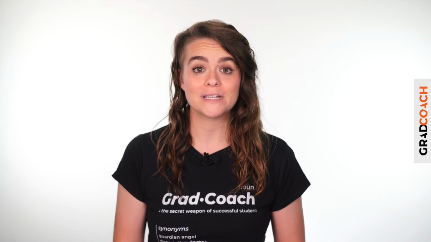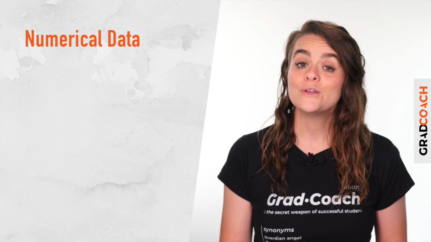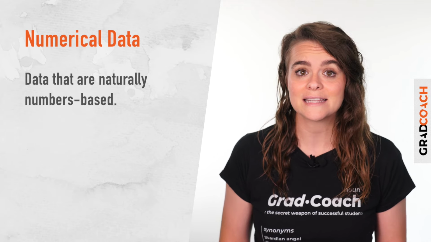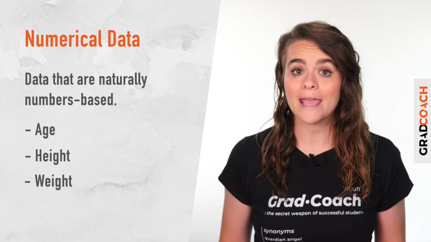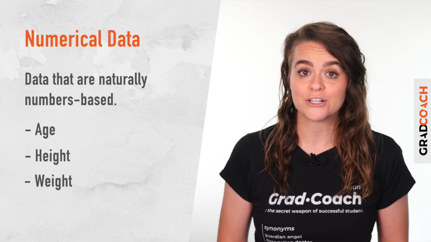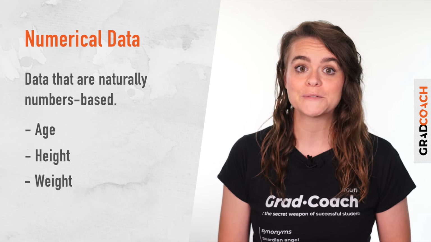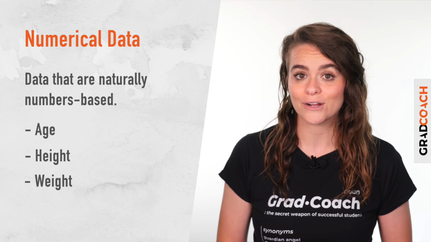For example, you could assign number 1 for female, number 2 for male, and so on. Numerical data, on the other hand, reflect data that are inherently numbers-based and quantitative in nature. For example, age, height, or weight are all things that are naturally measured as numbers. This contrasts against categorical data, which, as I mentioned, involves assigning numbers to qualitative characteristics.